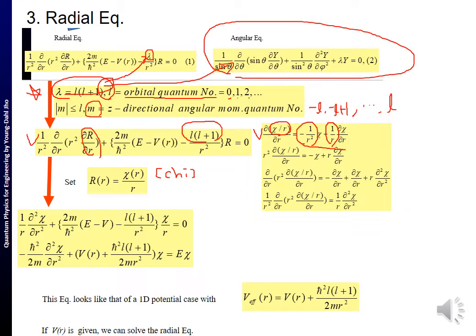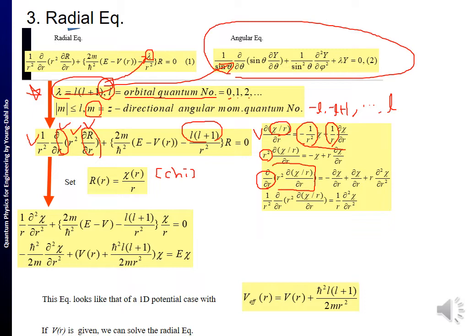So round chi, round r. And we multiply it by r square. Then we have minus chi plus r round chi round r. Then we take the derivative as shown here. So we go one by one, like 1, and then we multiply by r square and take another derivative.